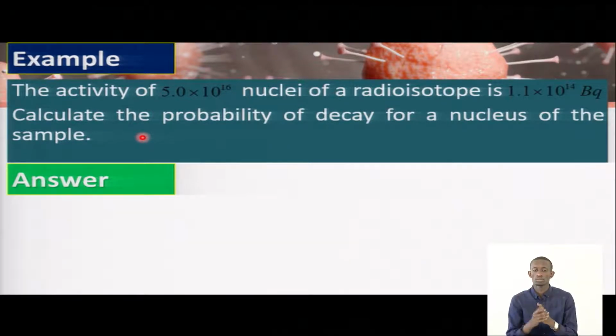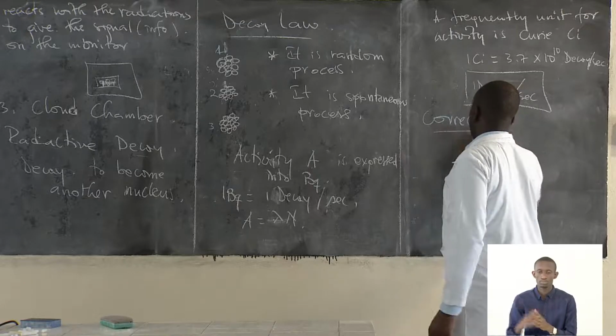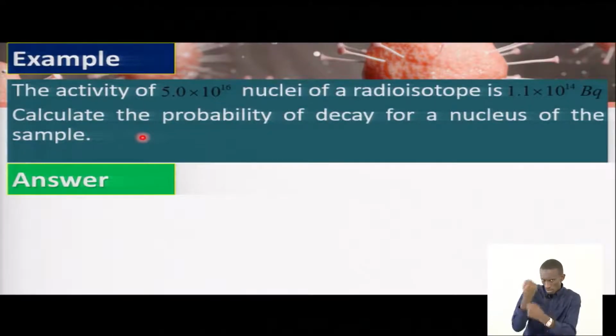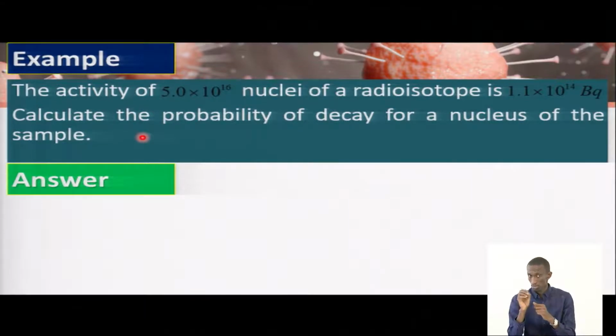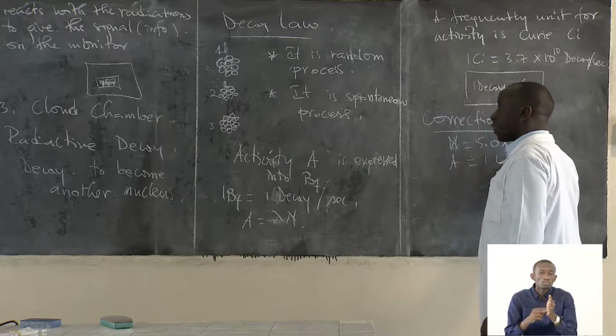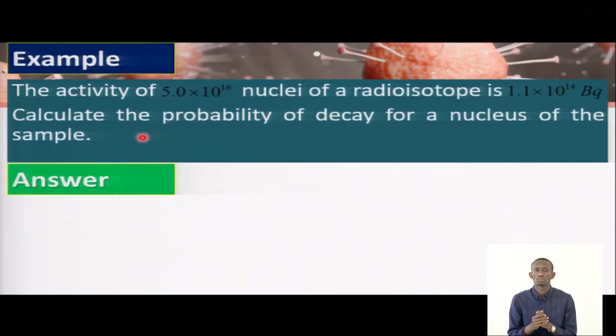So we can identify the data to answer this question. N is equal to 5.0 times 10 power 16, and the activity A equals 1.1 times 10 power 14 becquerel. Then you find lambda.